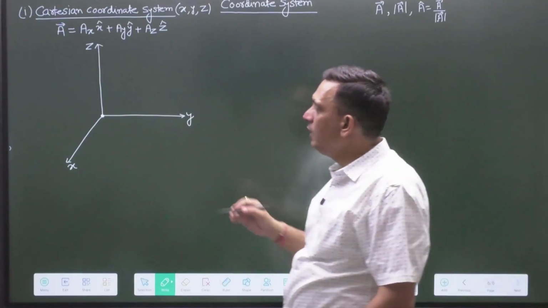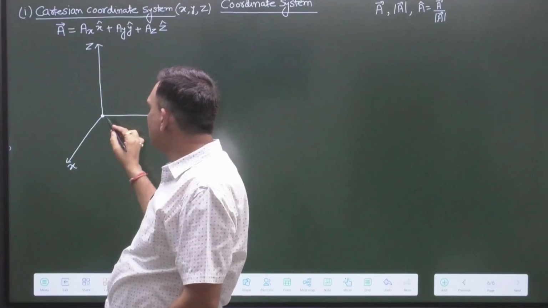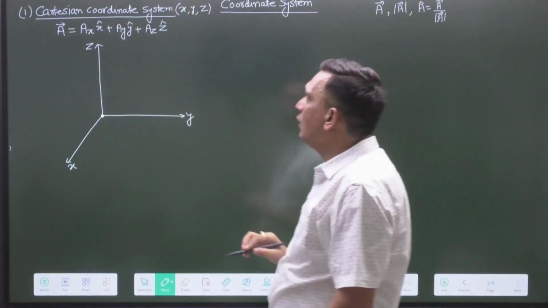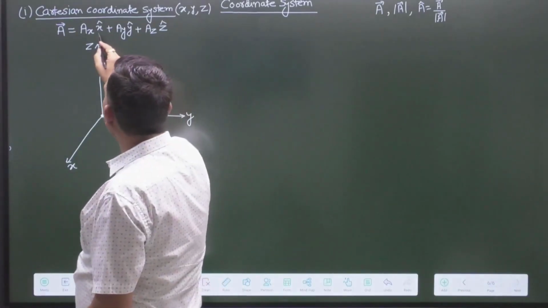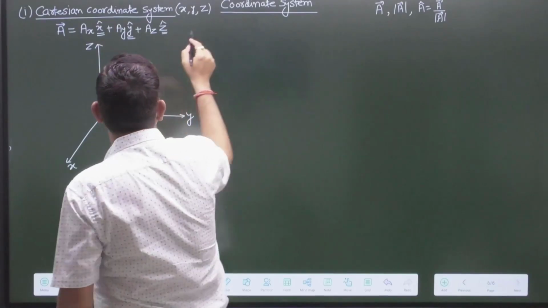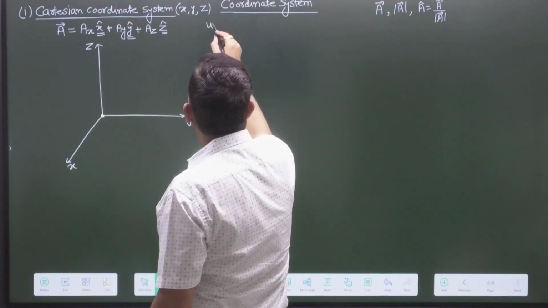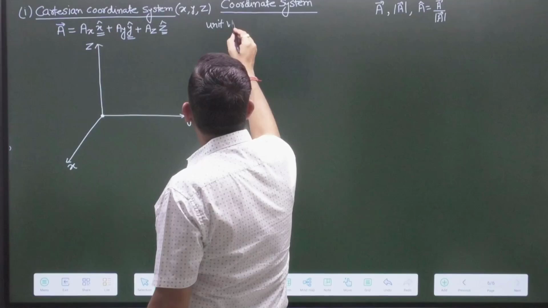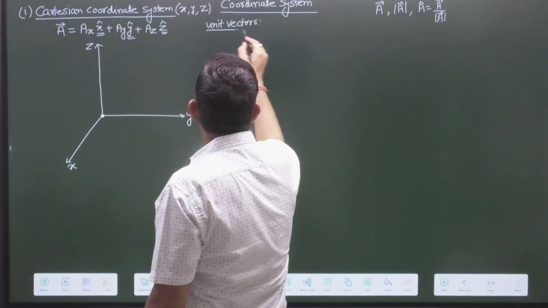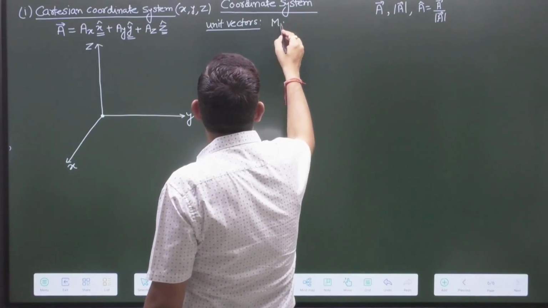Now we have to show how we will define the directions of the unit vectors. Unit vectors: magnitude is 1.